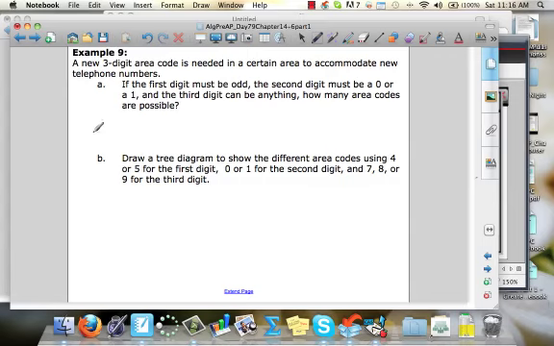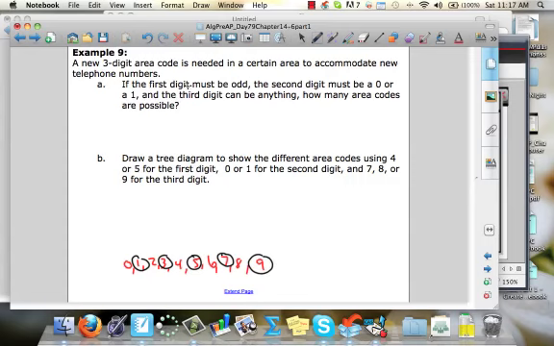Well, let's look at the digits. Digits are 0, 1, 2, 3, 4, 5, 6, 7, 8, and 9. 10 is not a digit. We can't use that. The first digit has to be odd, so the odd digits are 1, 3, 5, 7, and 9, which there's 5 choices.